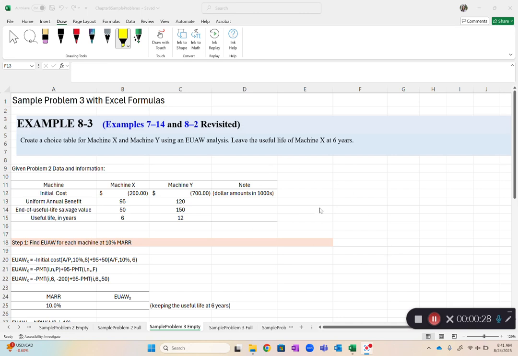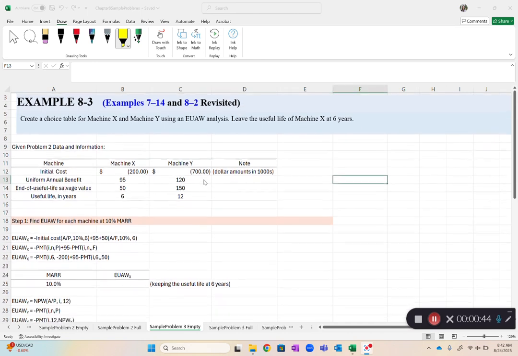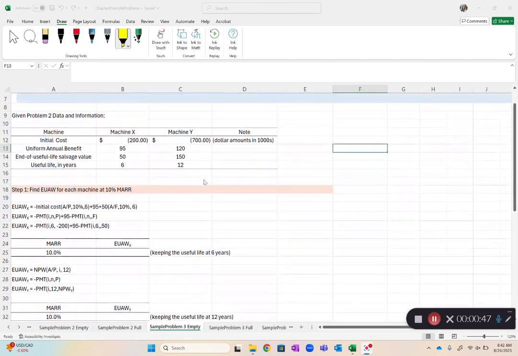So in this problem it says, create a choice table for machine X and machine Y using an EUAW analysis. Okay, so it tells us to use an equivalent uniform annual worth analysis and to leave the useful life of machine X at 6 years.